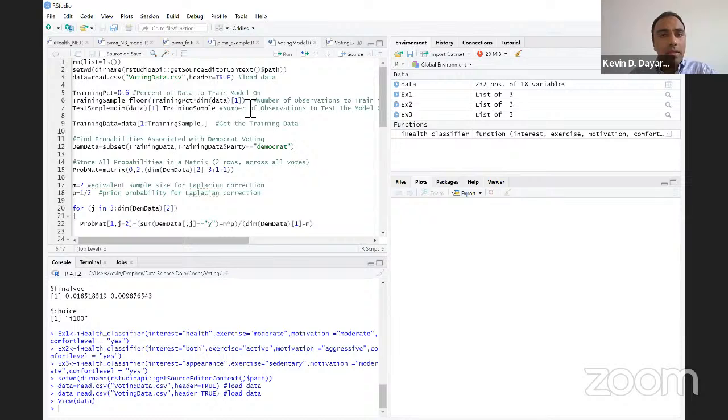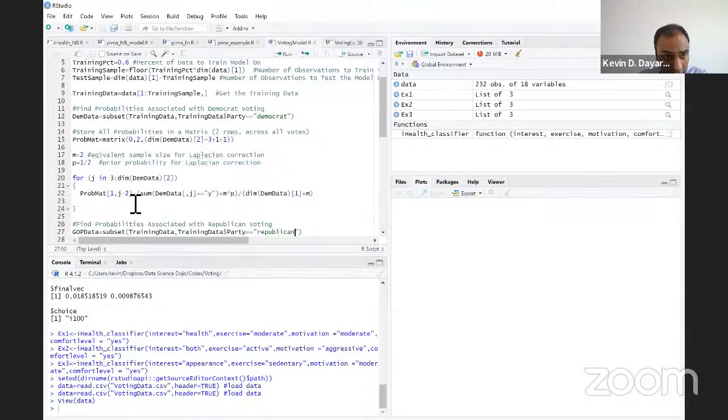And this line here extracts your training sample from your data set. And here we subset the data by party. Here are the Democrats. We look at them first. And you compute this probability matrix, again, like I did earlier, to allocate your conditional probabilities. And here we do so for the Democrats.